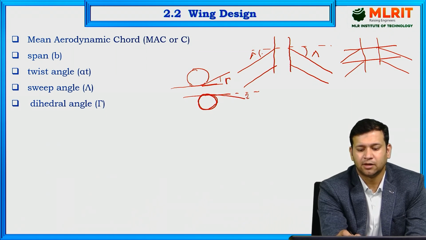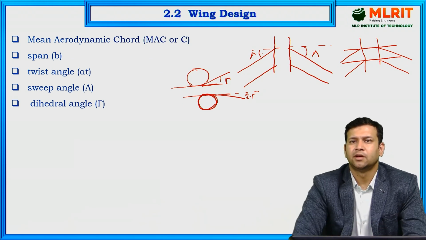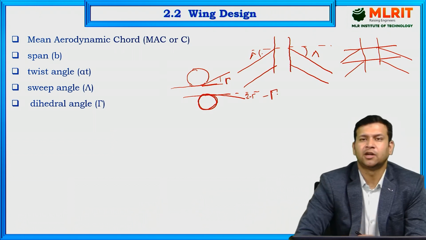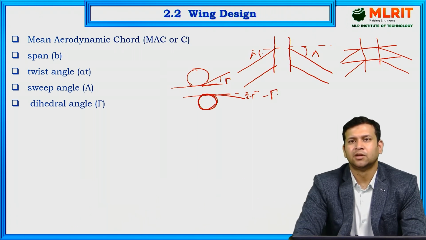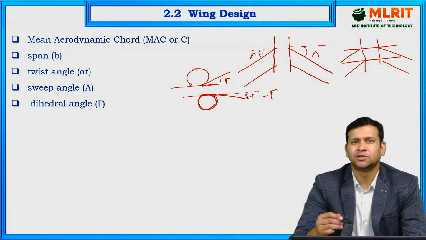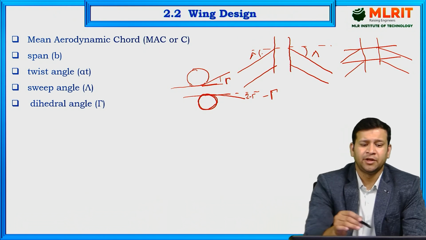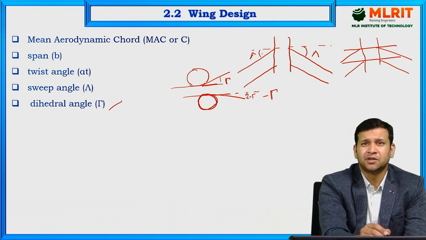So this angle here will have negative gamma. Capital gamma, negative gamma, which will give anhedral angle. So it is represented by gamma. If it is positive, it is dihedral. If it is negative, it will be anhedral.